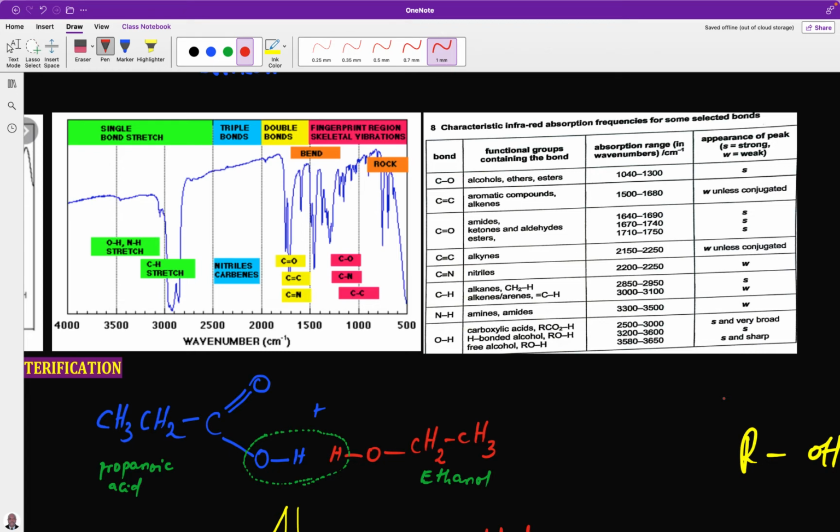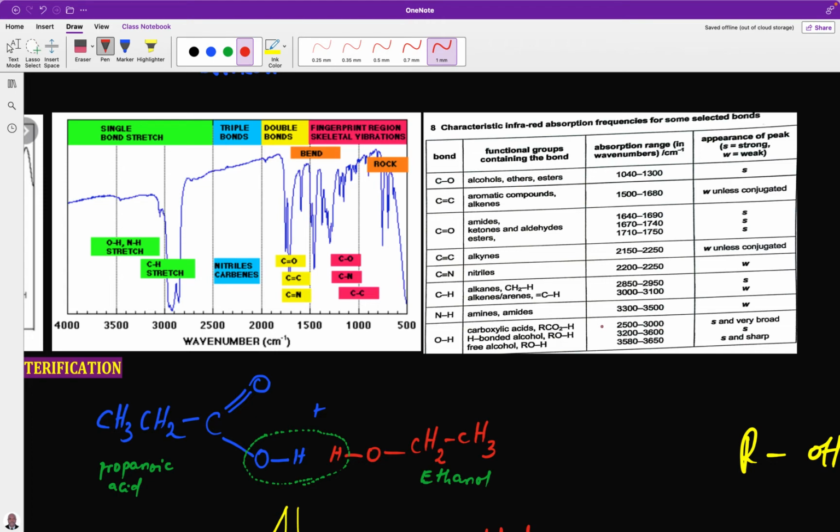In your data booklet, the OH bond in the carboxylic acid is 2,500 to 3,000.